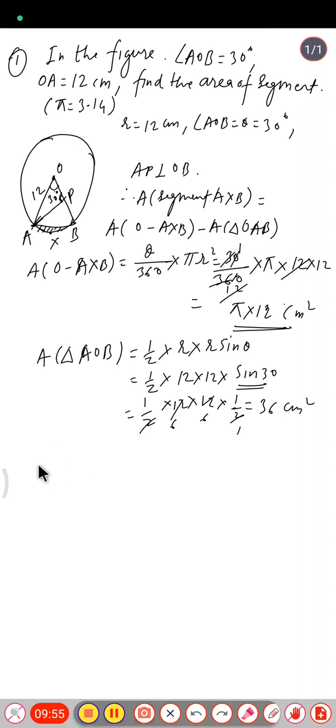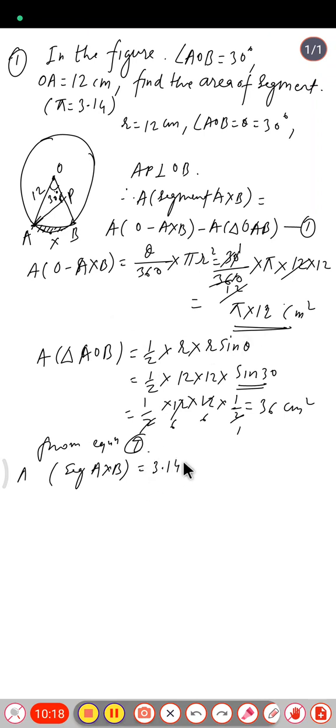Now we have to find this one. From equation 1, the area of segment AXB equals pi, so we multiply 3.14 into 12 minus 36.